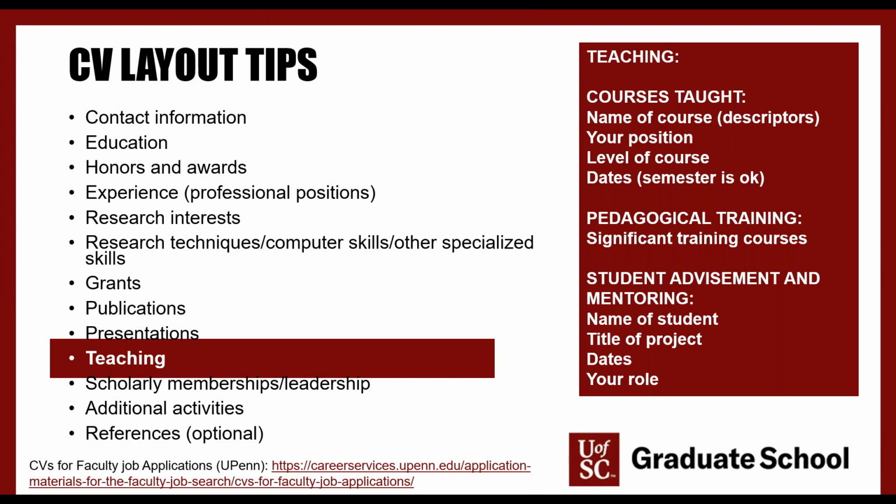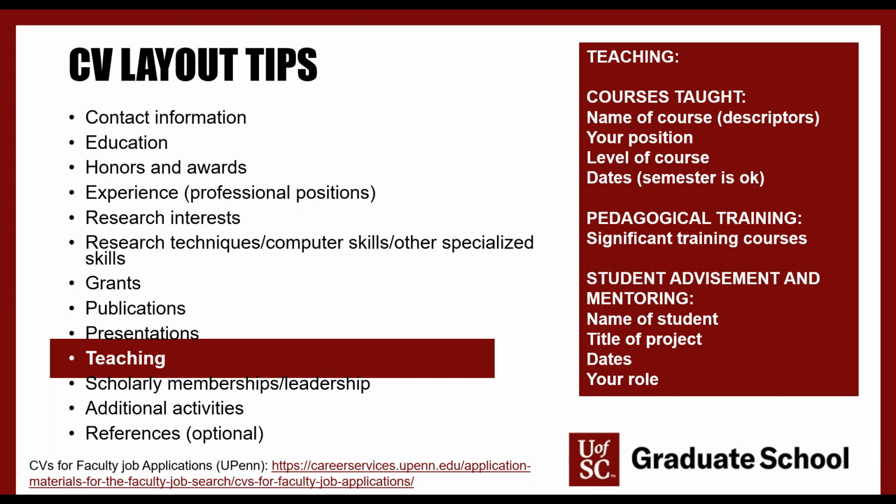Your position, whether you were instructor of record, whether you were a teaching assistant, whatever your role or position was in the course. The level of the course, so indicating courses that are for undergraduate, graduate, or mixed. Here at South Carolina, we have undergraduate and graduate courses, of course, differentiated by level, but we also have those 500 and 600 level courses where you can have undergraduates and graduates in those courses.